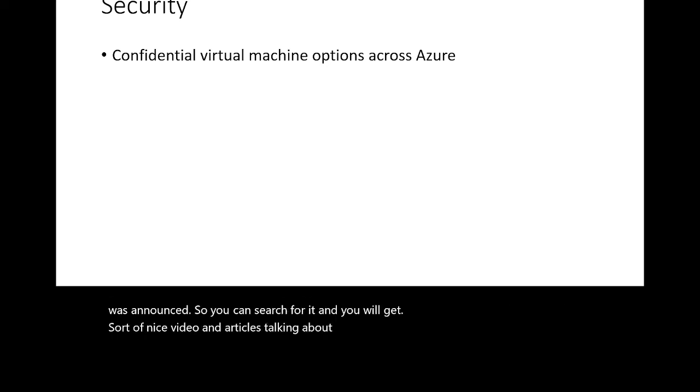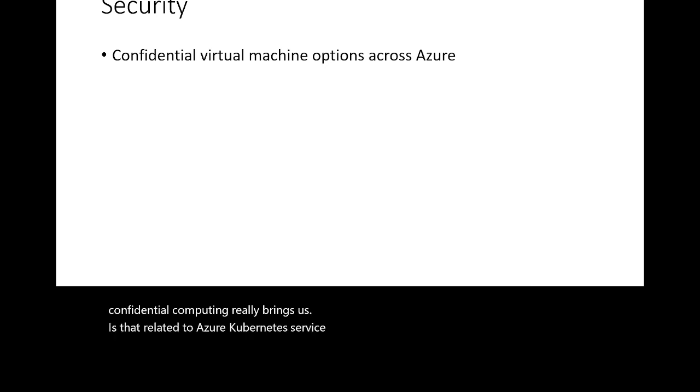Now, what this new announcement around confidential computing really brings us is related to Azure Kubernetes Service. So the confidential virtual machine node pools for AKS using confidential VM based third-party processor, secure encrypted virtualization or SEV feature, is now generally available.